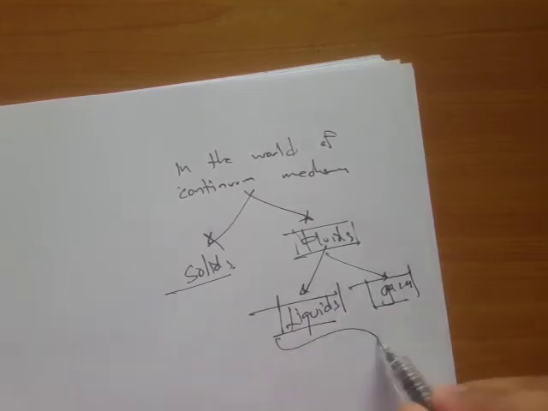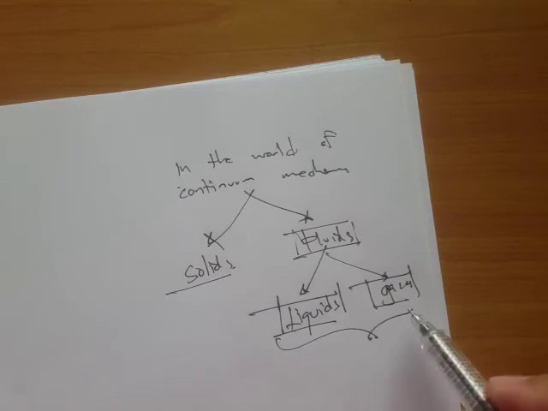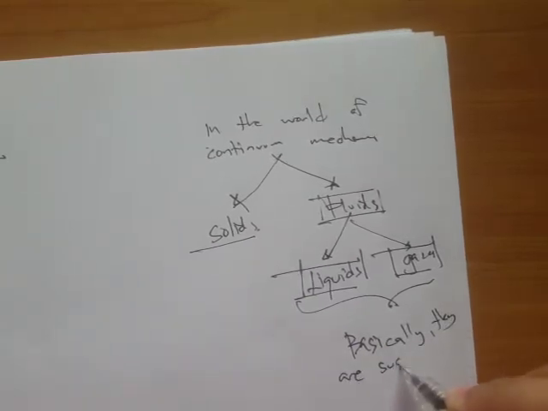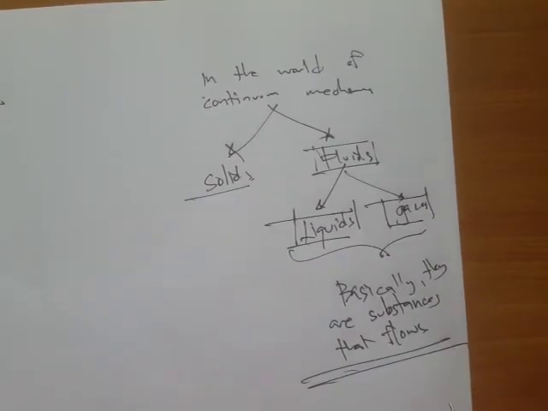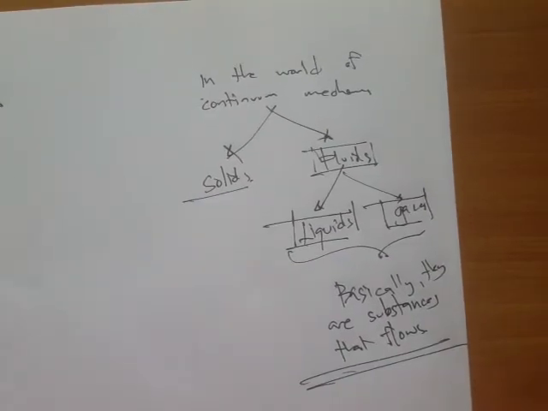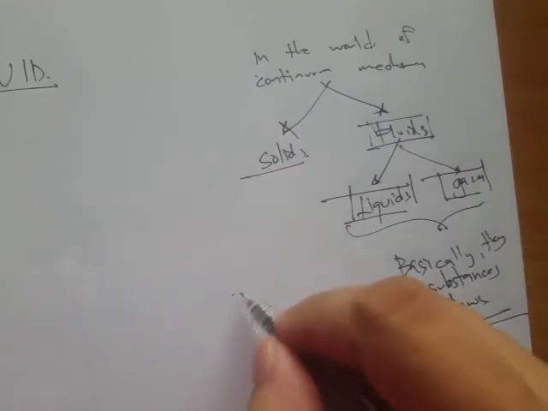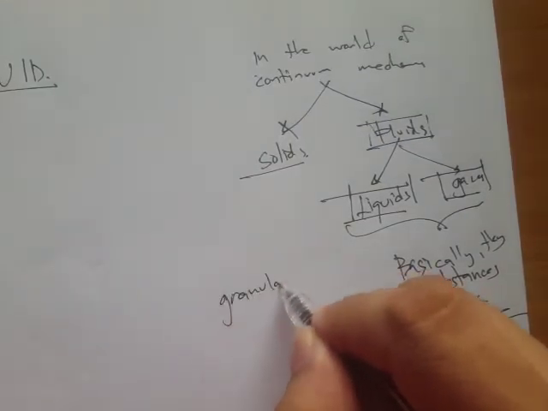Right. So, what do you think is the characteristic of liquids and gases? Now we can observe that basically they are substances that flow. However, this is just a basic description, because if you say just substances that flow, then the question is, what about the granular solids?